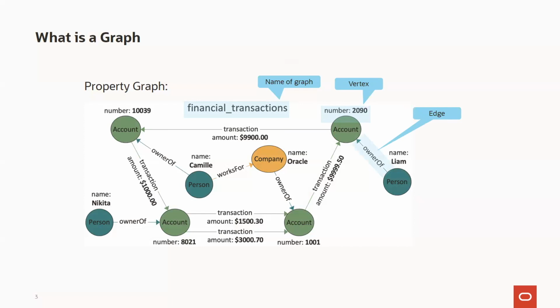Then we have the concept of edge, which could be the owner of that particular account, and its associated properties, like what was the event that happened between two different accounts. In our case, it will be a transaction, and the actual amount of the transaction between two account numbers. The account number will have an account owner with its name.